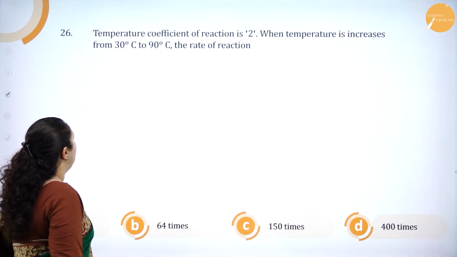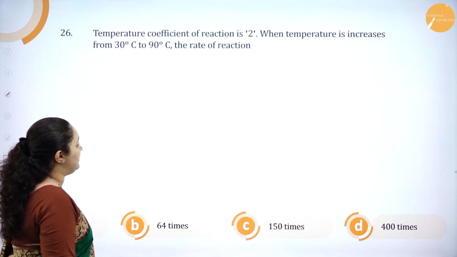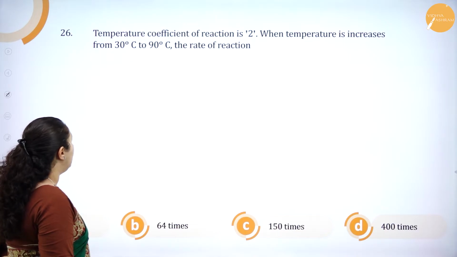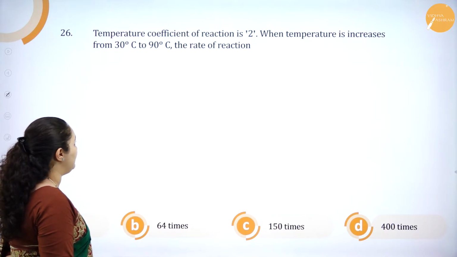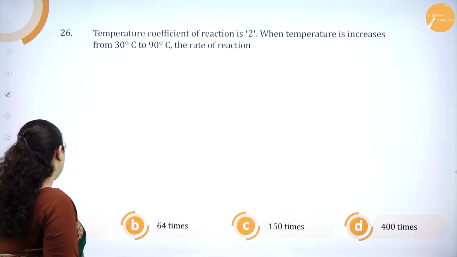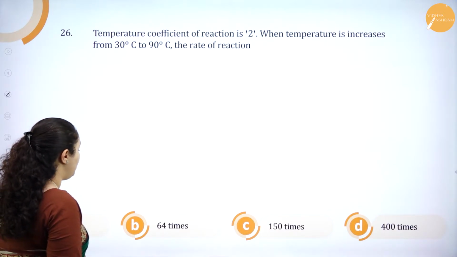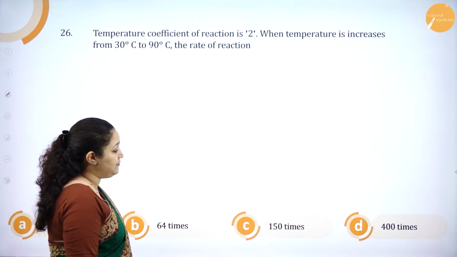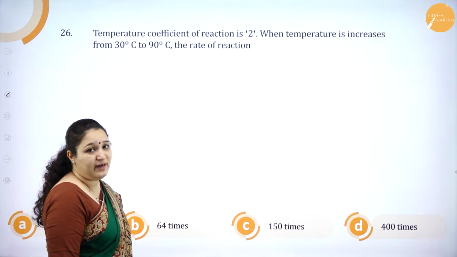Okay. Next question. The temperature coefficient of the reaction is 2. When temperature is increased from 30 degrees Celsius to 90 degrees Celsius, the rate of the reaction, option A, increases 60 times, option B, 64 times, option C, 150 times, option D, 400 times.